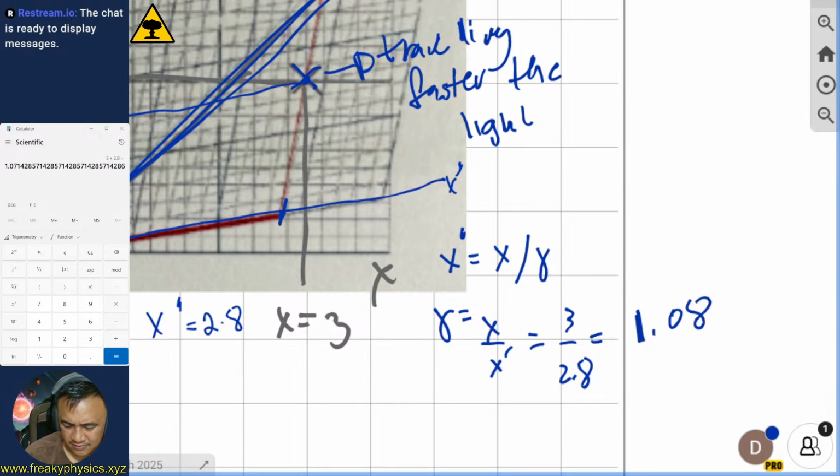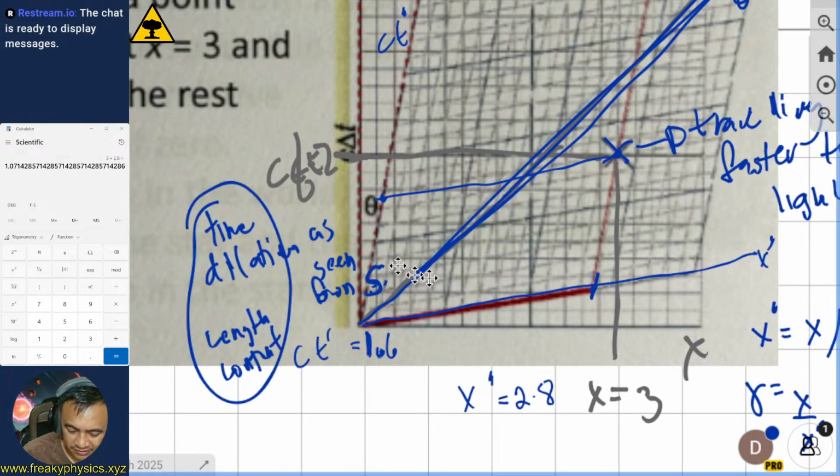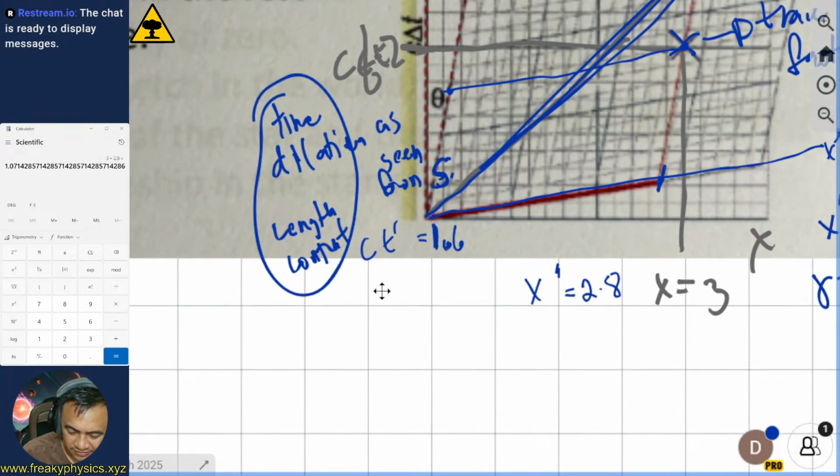What's the usual range? Hold on, oh yeah, this is correct, never mind, this is still okay. Will we get the same gamma here? Remember, what do we have? t prime should be equal to t over gamma.